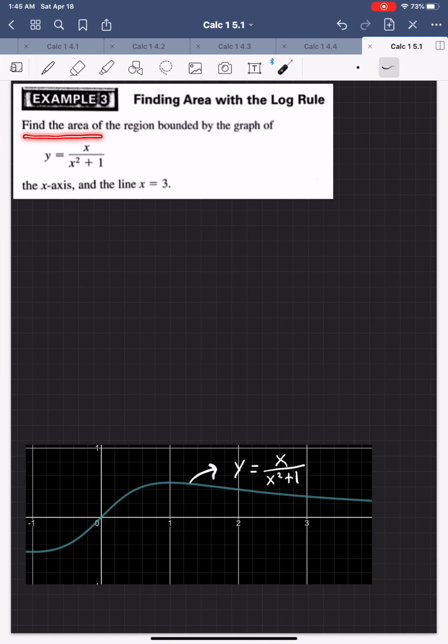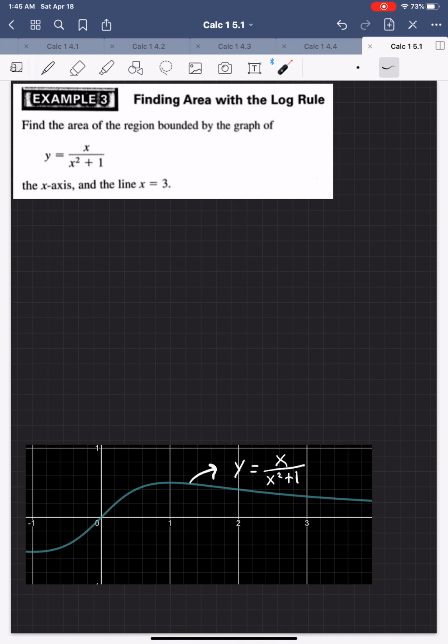Now, find the area of the region bounded, right? We've got to bound our region. It needs to be bounded by the graph of this, as well as the x-axis, as well as the line x equals 3. Let's make sure you understand that.